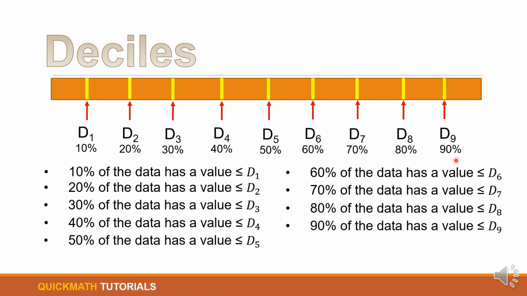So remember, if we are talking about deciles, we have D sub 1 up to D sub 9, and the corresponding percentages are by 10: 10, 20, 30 up to 90%.